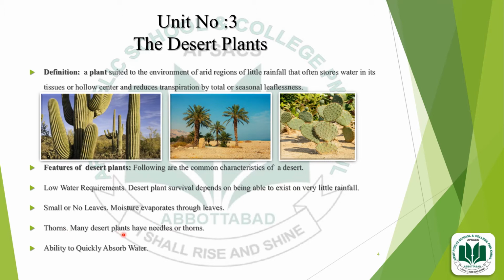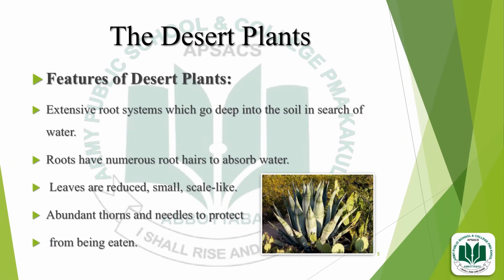Ability to quickly absorb water. Extensive root system which goes deep into the soil in search of water. Roots have numerous root hairs to absorb water. Leaves are reduced, small scale-like. Abundant thorns and needles to protect from being eaten.